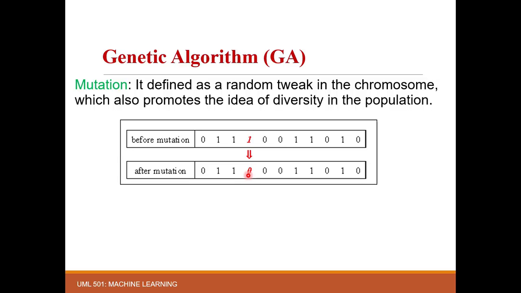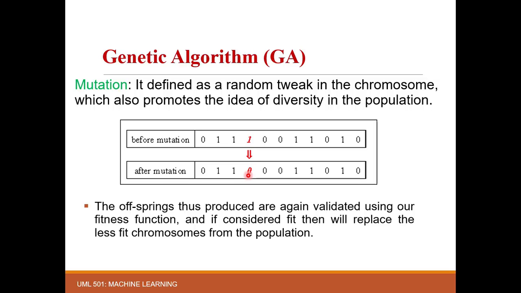Now after that, the offspring thus produced are again evaluated as per the flow chart using our fitness function, and if considered fit, they will replace the less fit chromosomes from the population. So the offspring produced from crossover and mutation of the parents have their fitness calculated again.